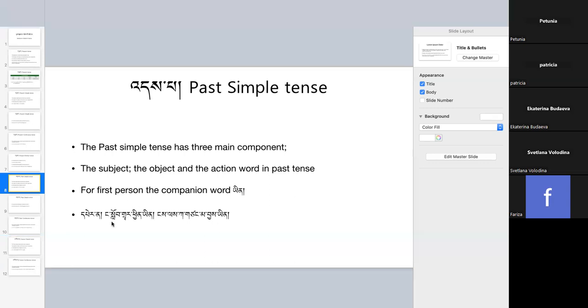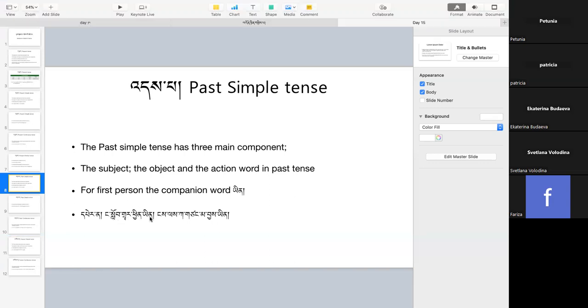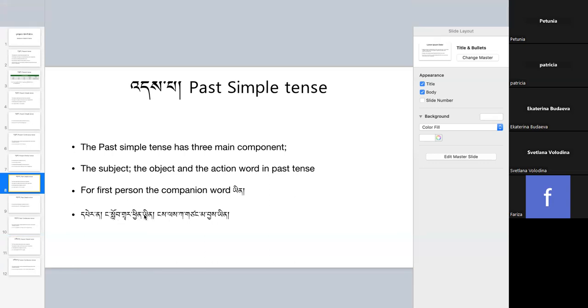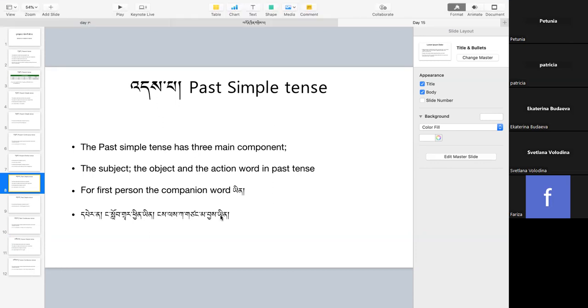So instead of lobtar chin, you can say chin sin or chin tsar yin. Nge leka tsangma che sin yin or che yin or che tsar yin.